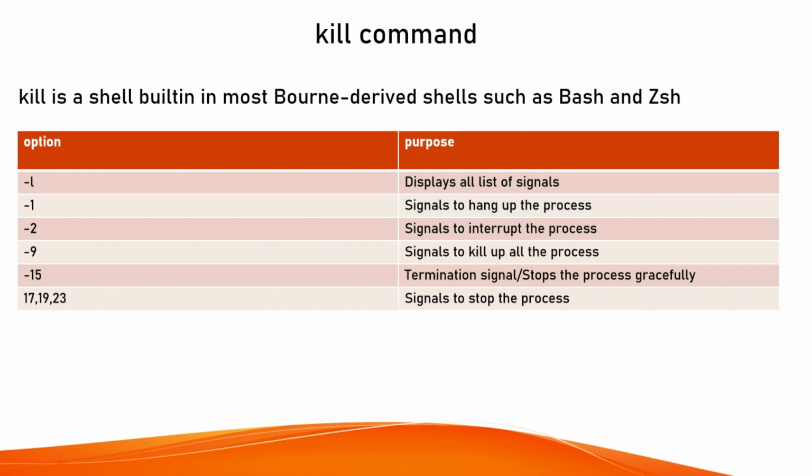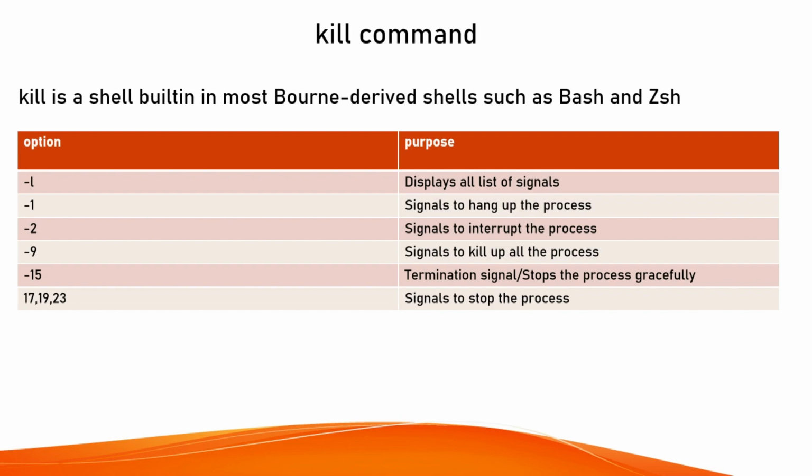But kill has its own options, or I would say you need to pass the signal ID, which has its own meaning, and that you will know when you execute kill minus l, because kill minus l will give you the list of signals we have and what each signal ID belongs to. But you should know a couple of the signal IDs which will help you to debug or to analyze your system, or the Linux environment on which you're working.